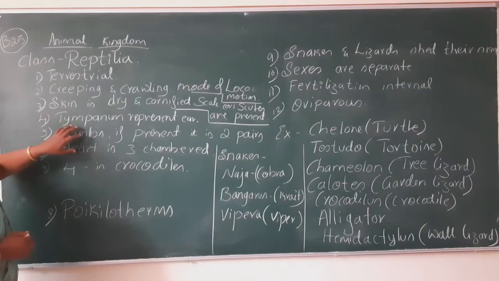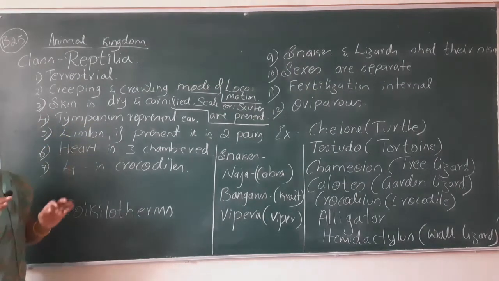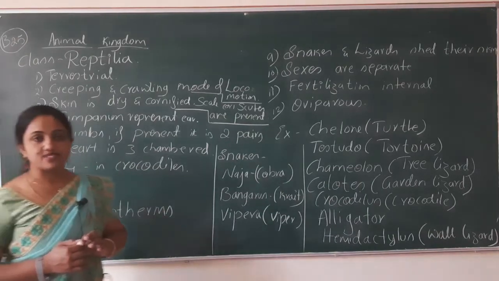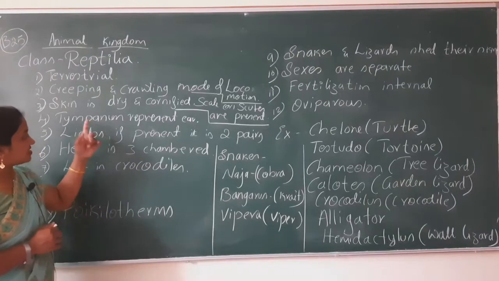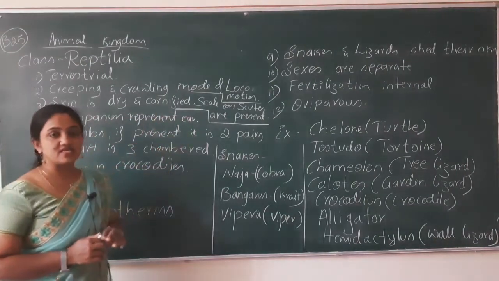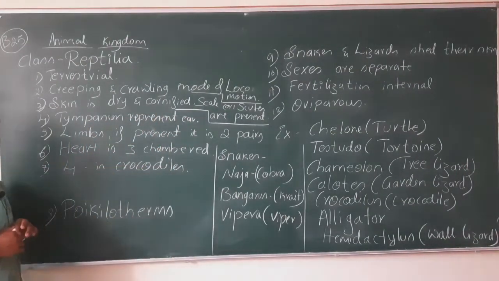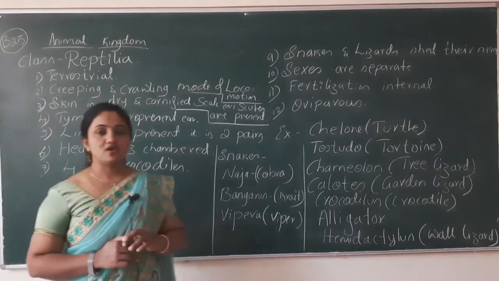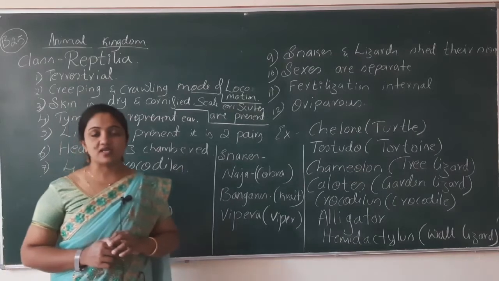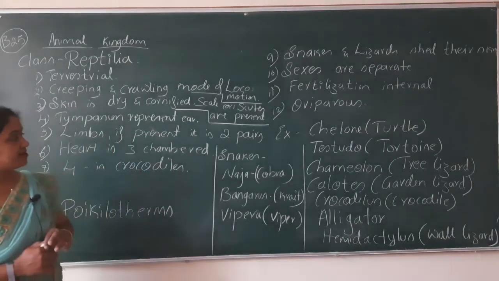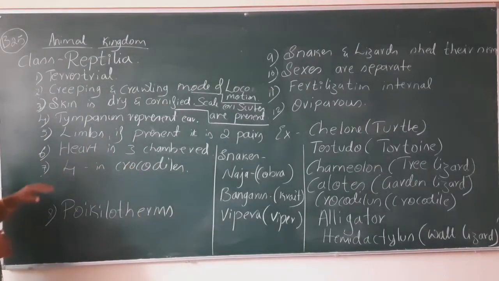So the next is the tympanum. The external ear opening is absent in the class Reptilia. The tympanum itself represents the ear, like in the class Amphibia we saw the tympanum acting as an ear. Here also tympanum represents the ear.